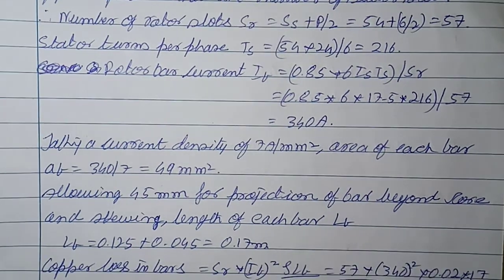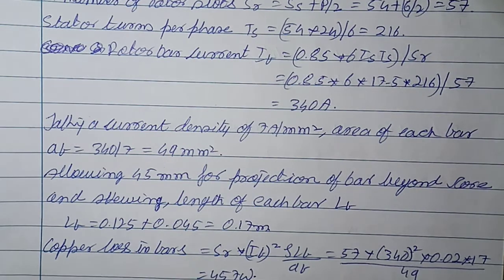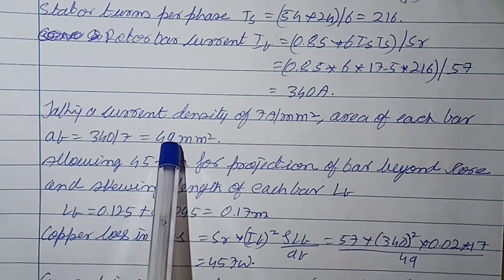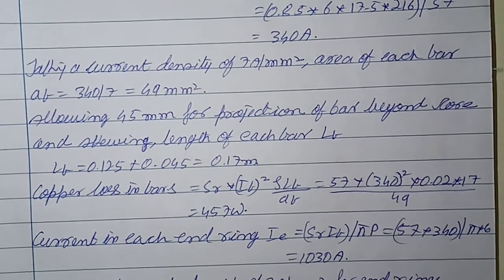Next, copper losses in bar, which is SR into IB square into R, where R is rho L by A. So 57 into 340 square into 0.02, that is the resistivity, into LB, that is 0.17, divided by AB 49. With all those, the copper loss in bar is 457 watt.